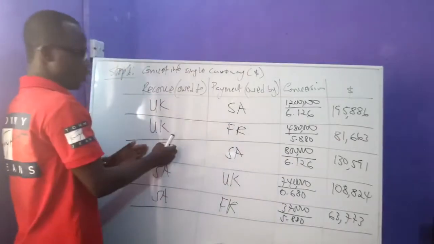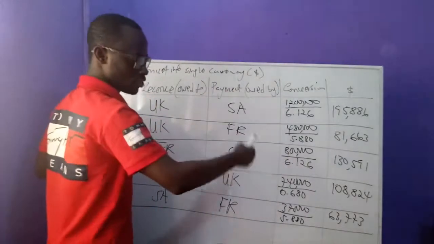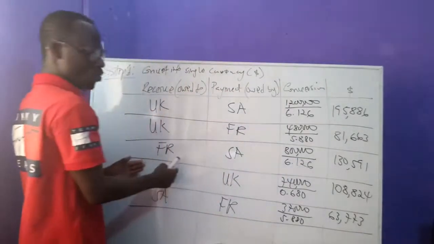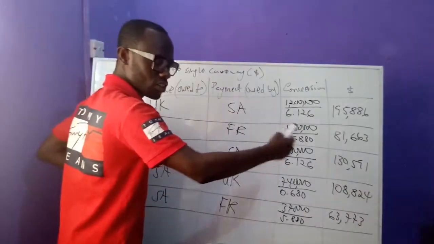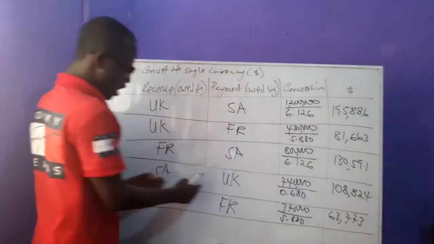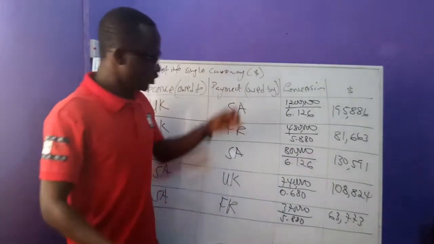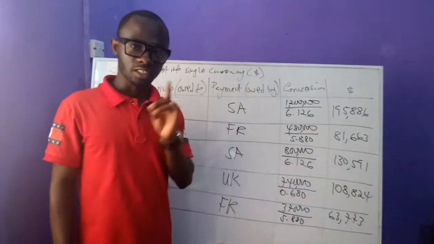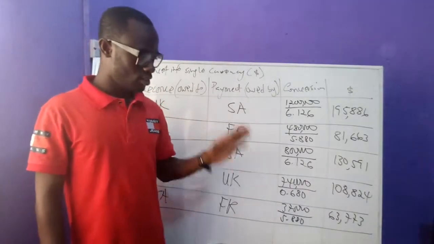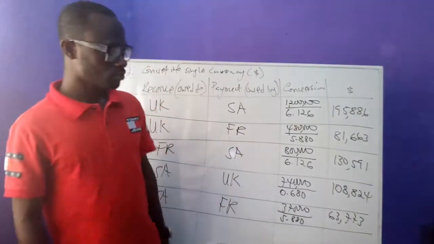These people are owing these people 800,000 rand. These people are owing these people 740,000 pounds. And these people are owing these people 375,000 euros. So that is the first step we go through in solving our question.